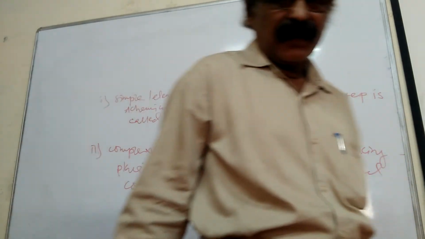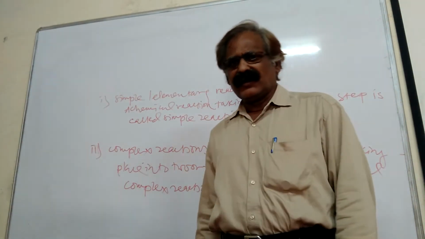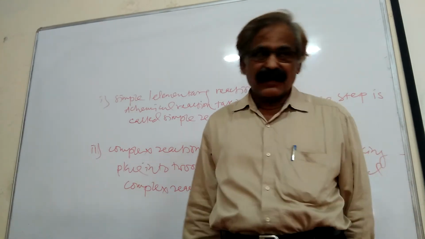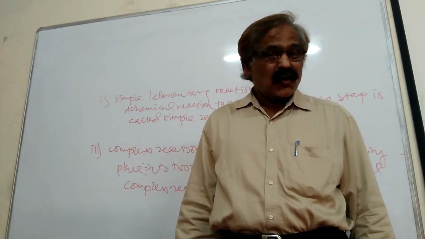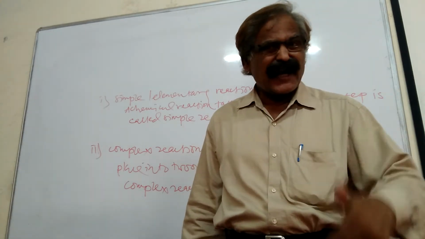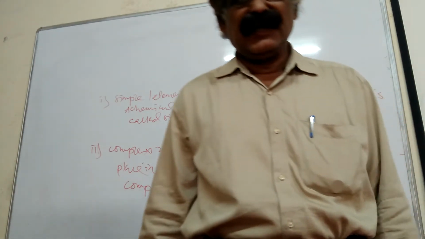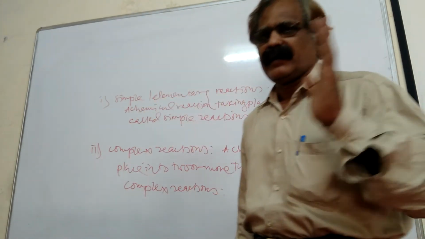So in this way, a chemical reaction which takes place in either two steps or more than two steps is known as a complex reaction.